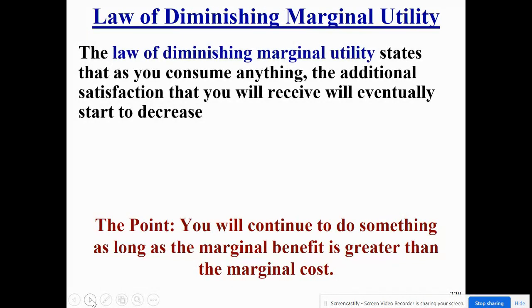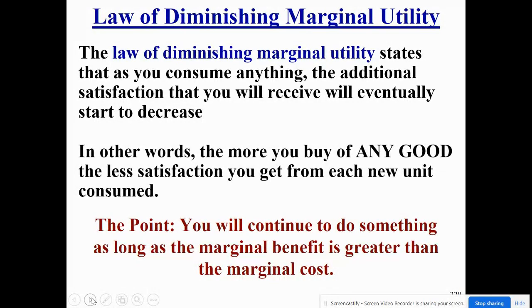So the law of diminishing marginal utility states that as you consume anything, the additional satisfaction that you receive will eventually start to decrease over and over again. So the point is you will continue to do something as long as your benefit is greater than your marginal cost. So the more of any good, the less satisfaction you will get from each additional unit that you consume.